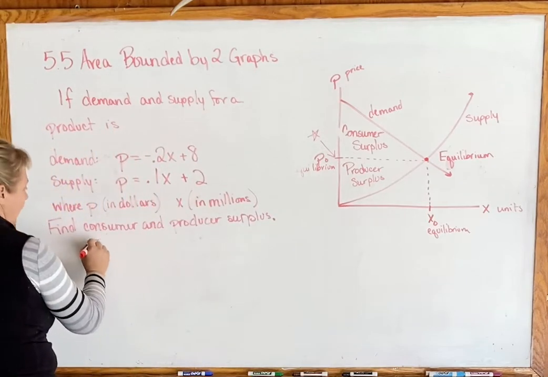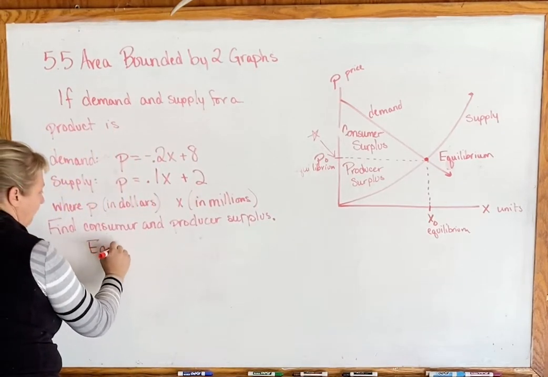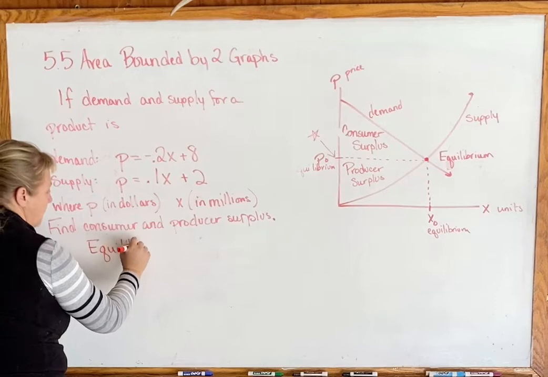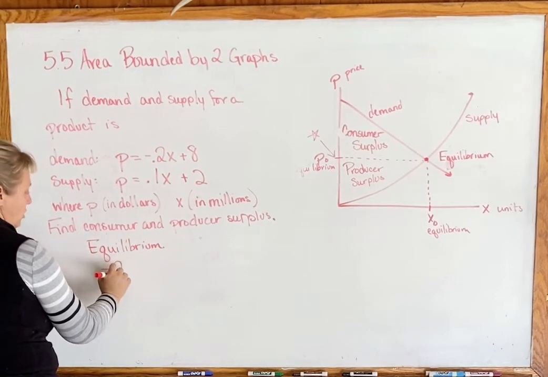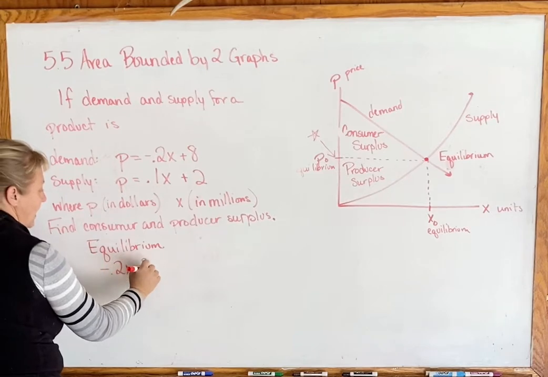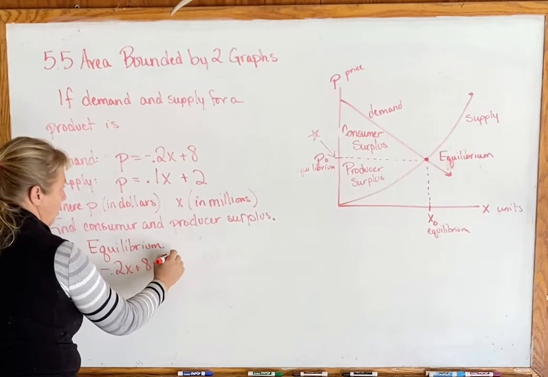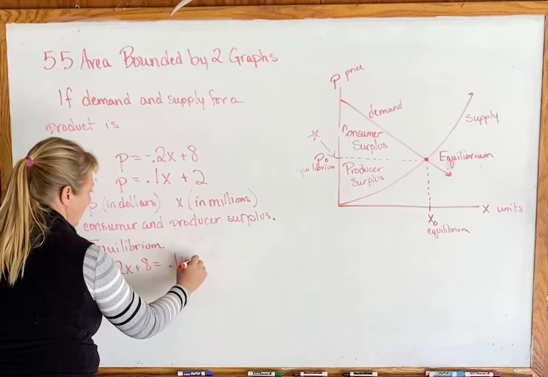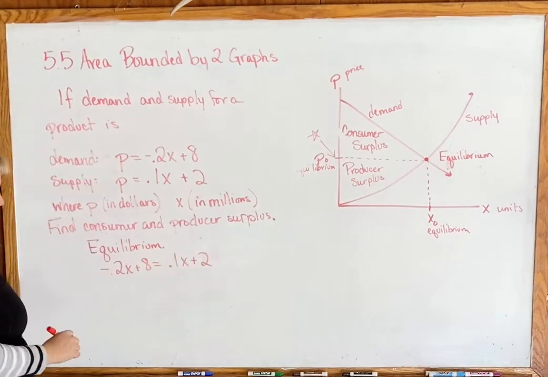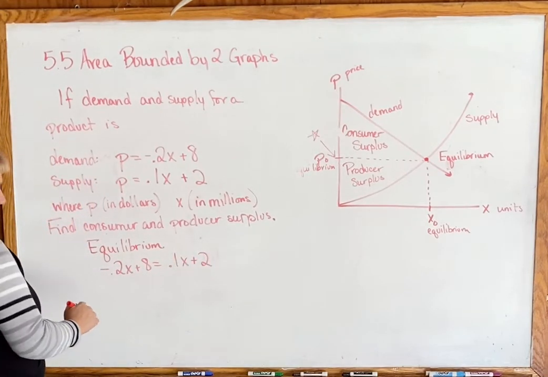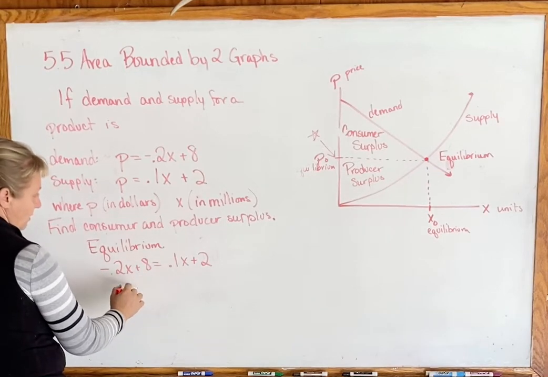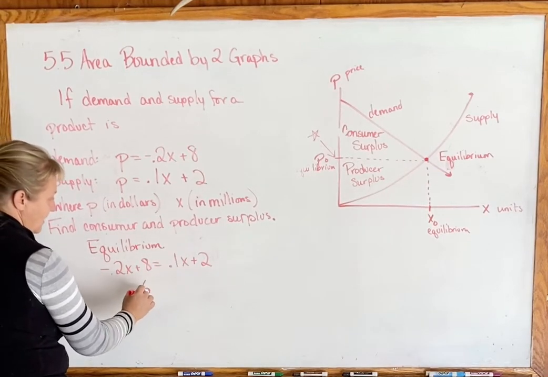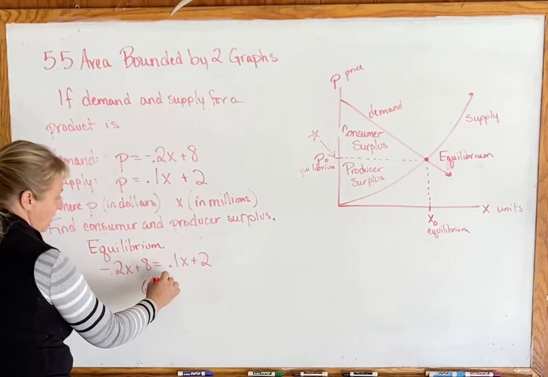So for equilibrium, we'll say negative 0.2x plus 8 will equal 0.1x plus 2. So let's see, I'm going to add these guys over here and subtract that. So that's going to be 6, and this will be 0.3x.